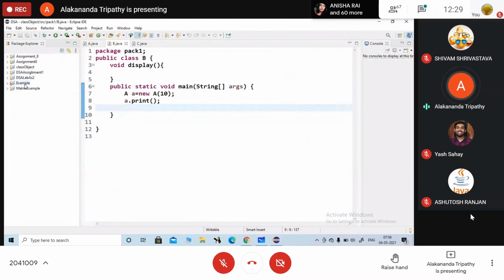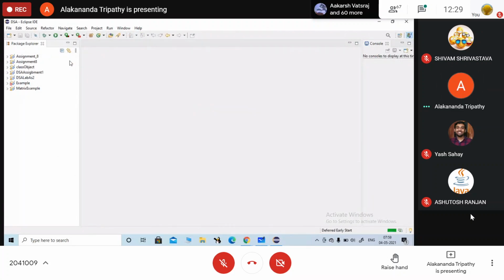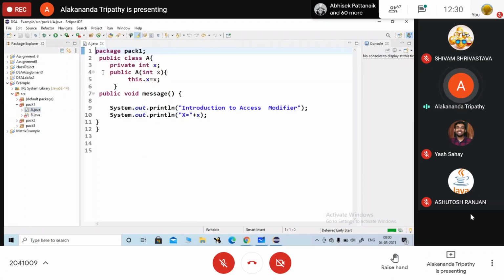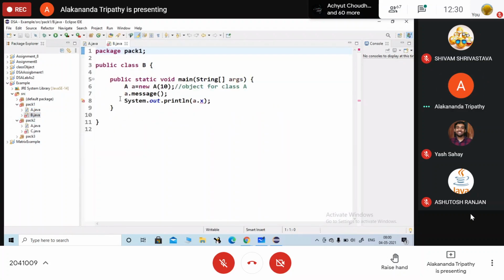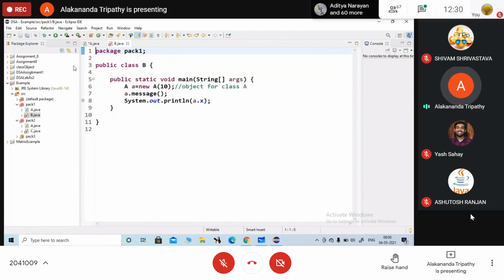Now, I will use here. We have defined already 3 packages. 3 package हम लोग define किए थे. Package class B. Package A here. Okay. यहाँ पर कितने classes हैं already?